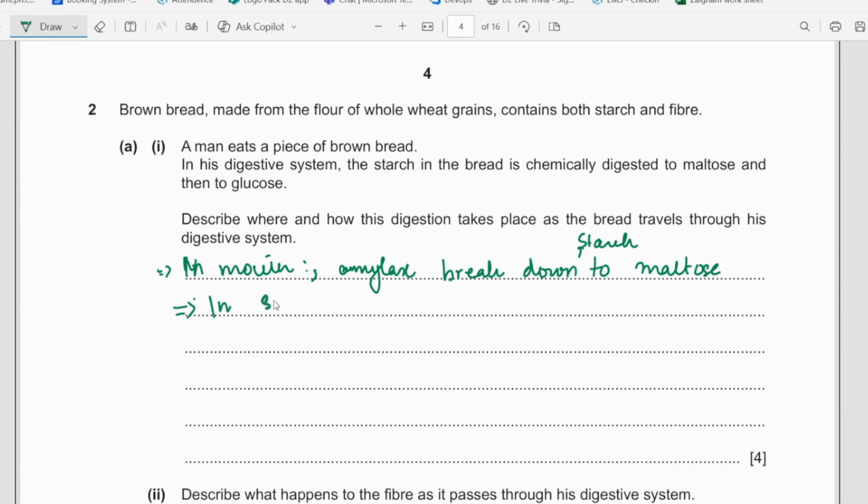In the small intestine. Okay, maltase. And from where is this maltase coming? In the small intestine there is maltase. What does maltase do? Maltose into glucose.